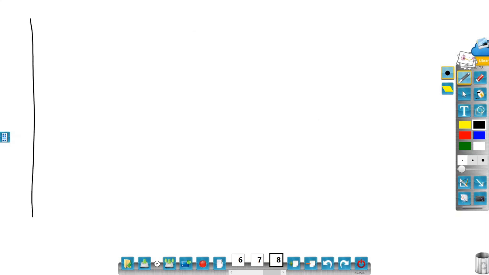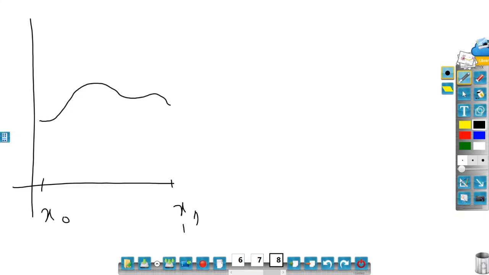Now let me visualize it geometrically also. Suppose I have a function f, and somewhere I have xk minus 1 and this is xk, so on and so forth.